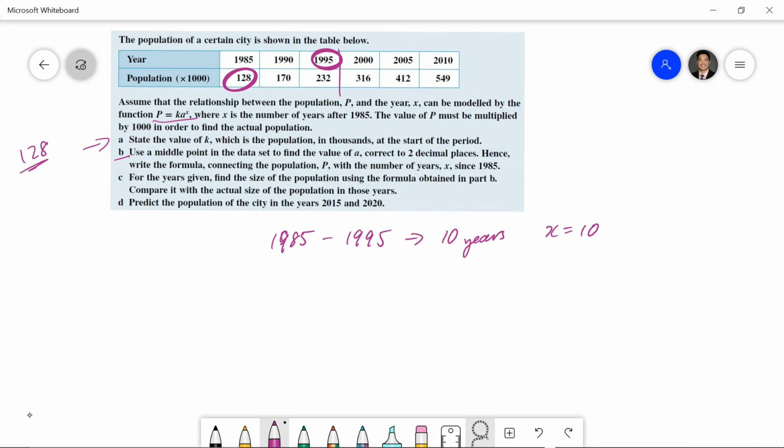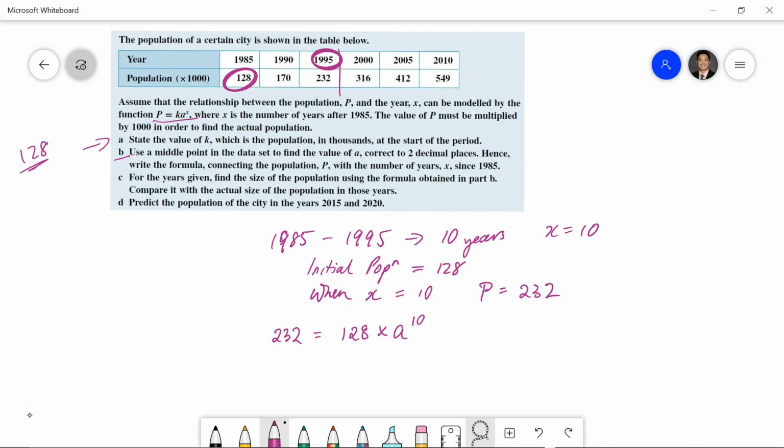We know that the initial population is 128, and when x equals 10, the population is equal to 232. So we'll put that into our formula: 232 is equal to K, which is 128, times a to the power of 10.